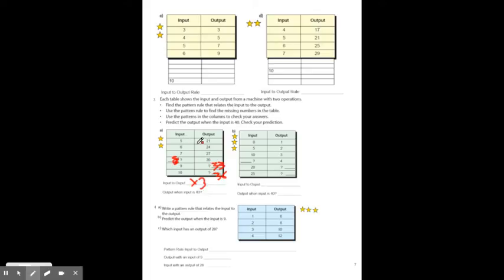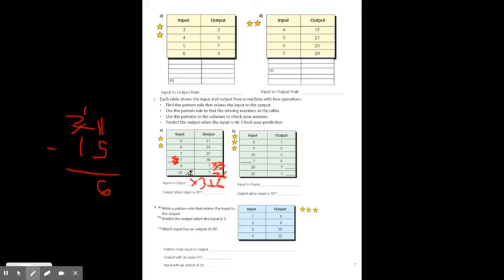So 5 times 3 is 15. Well, 15 to 21. If I took 21 and took away 15, I would get 6.